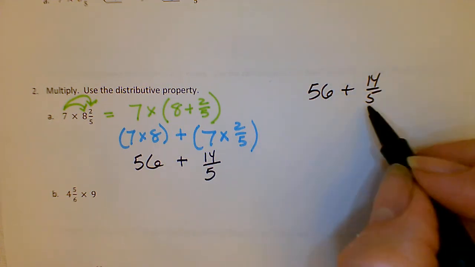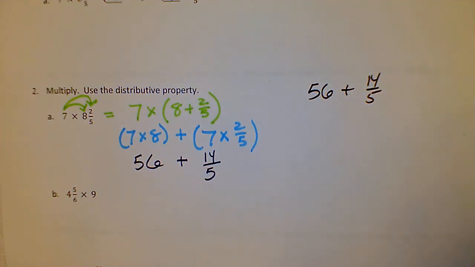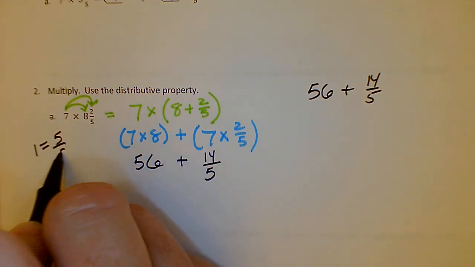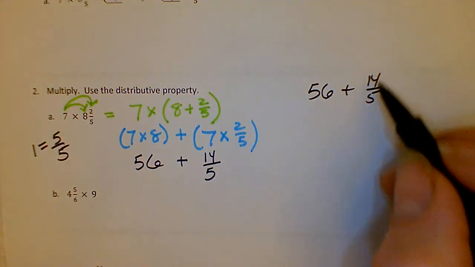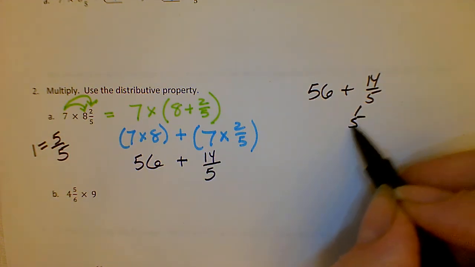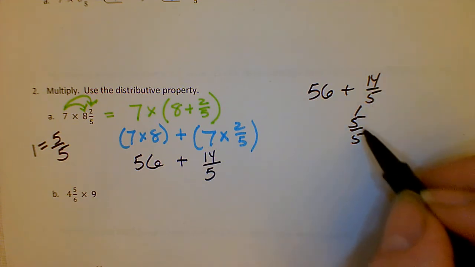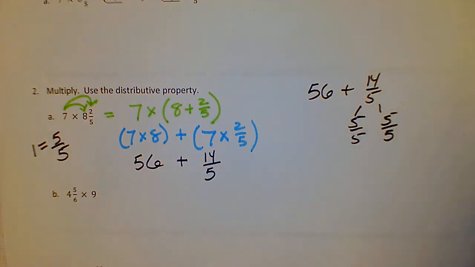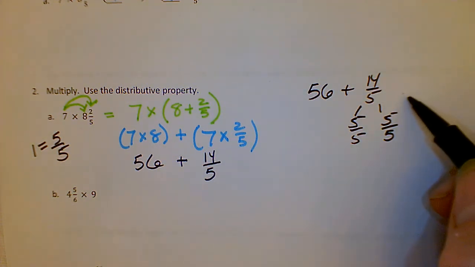So for this problem, 5 is in the denominator. So we know that our rule is that 1 whole is equal to 5/5. So I want to pull out groups of 5/5 out of this. So I'm going to have 5/5. I had 14 pieces. I put 5 here. Now another 5/5, which gets us up to 10. If I put another 5/5, I'm going to be at 15. It's going to be too big.